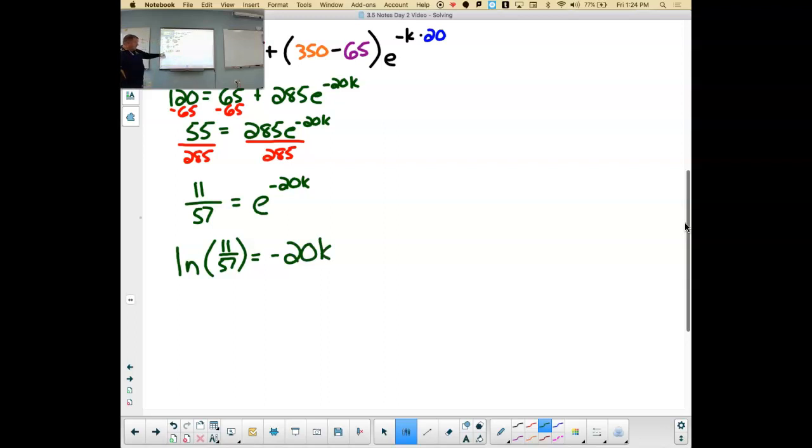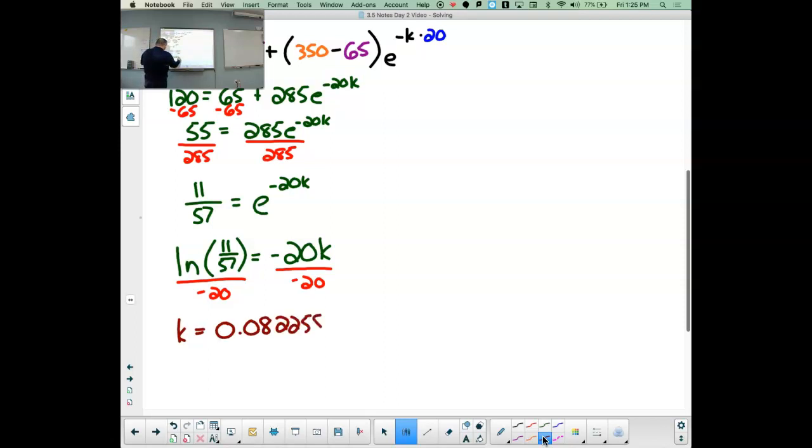I would have log base e, which is natural log of my argument, 11/57, equals my exponent, negative 20k. Then I would divide both sides here by negative 20. And I would get a k value here of 0.082258.